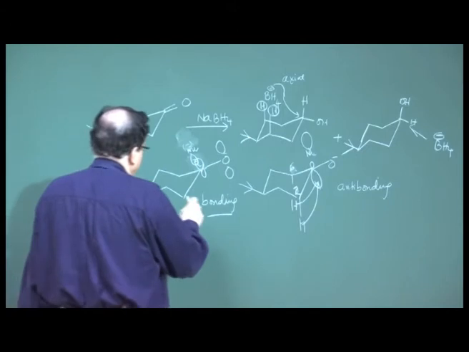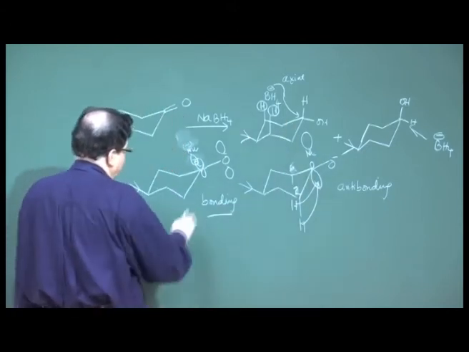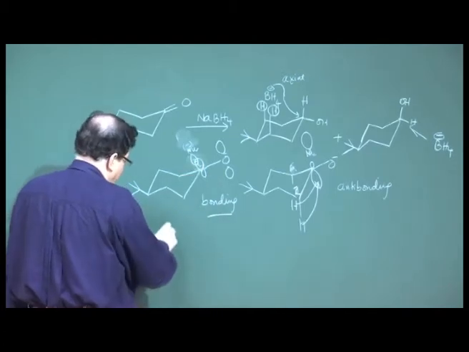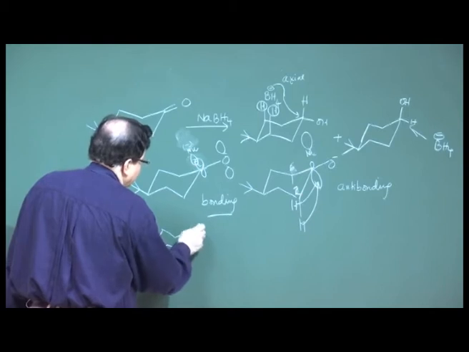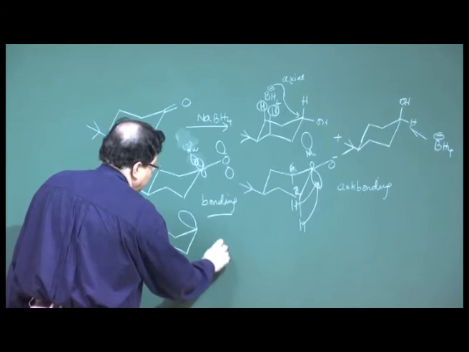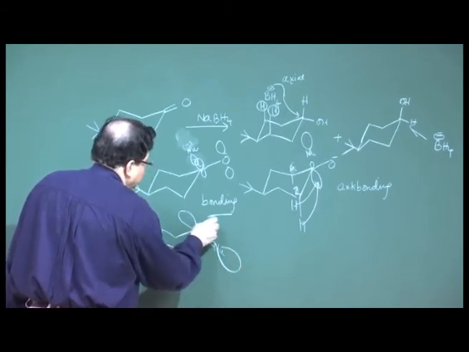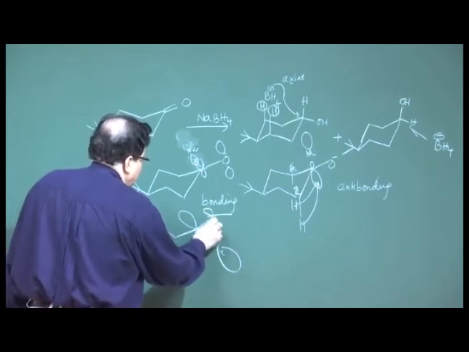In this case, if you draw that, it is the approach from the axial face. If it approaches from the equatorial face, then the diagram will be that the antibonding lobe will be bigger on this side, the nucleophile is here. So, the nucleophile lobe is like this, antibonding, and this is the oxygen lobe.